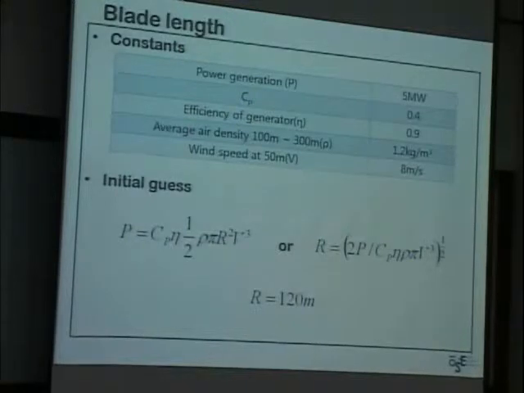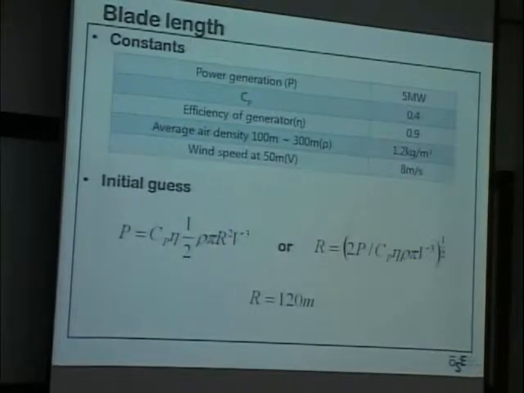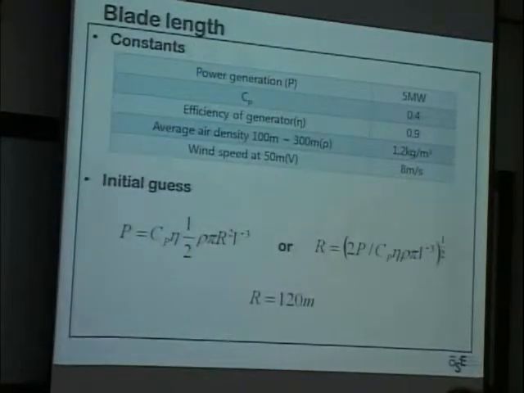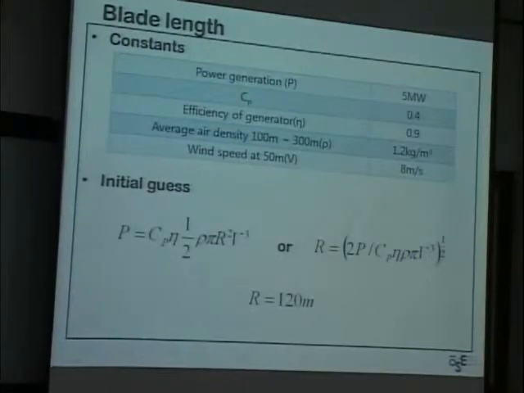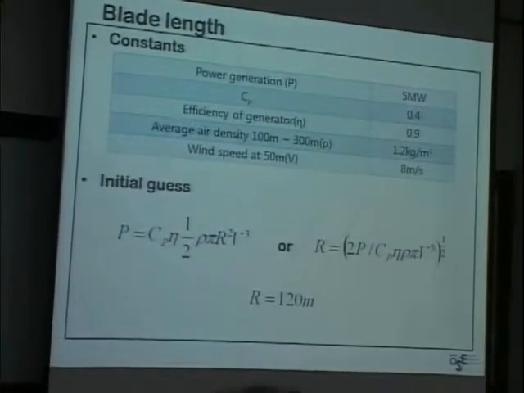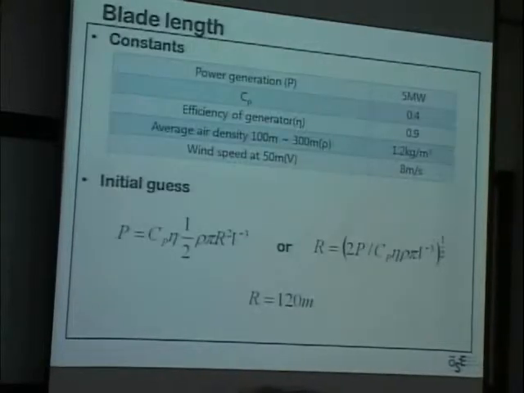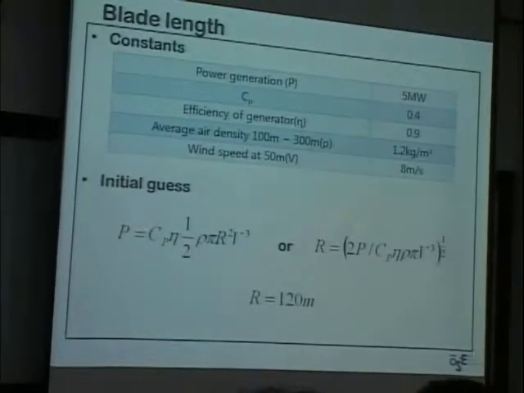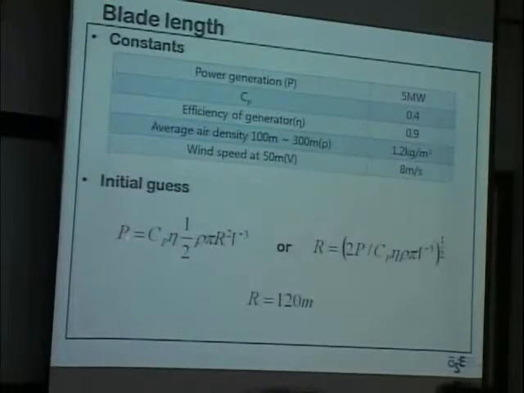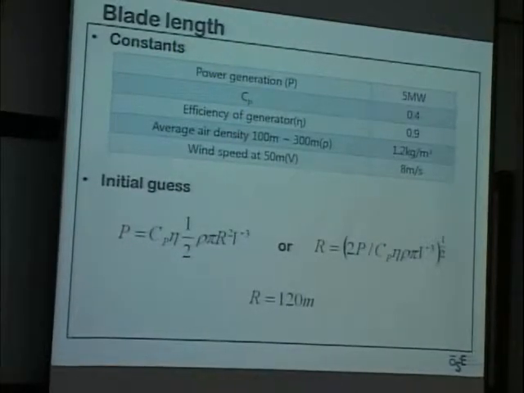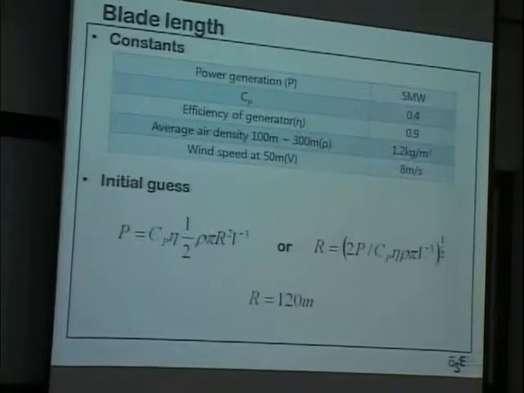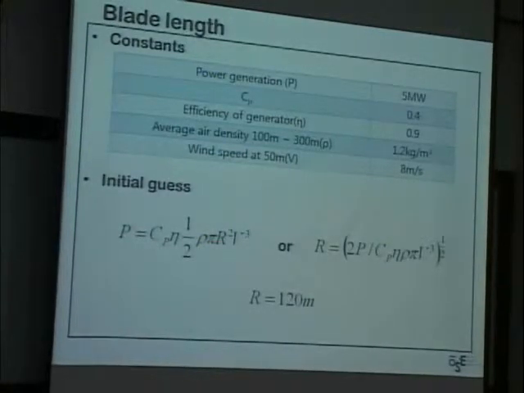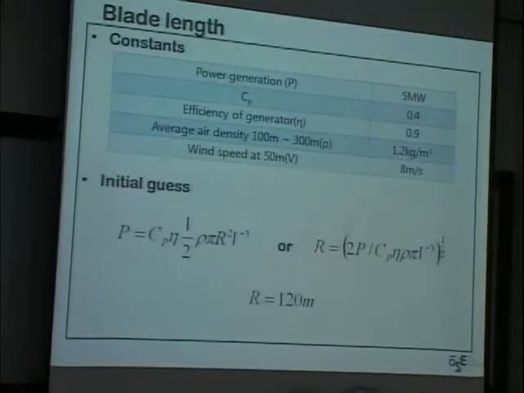The average air density of the place is 100 meters to 300 meters, and the wind speed at 50 meters. Here is the initial phase of our power output. So we hope this can be 5 megawatts. And this is the radius, the length of the blade.